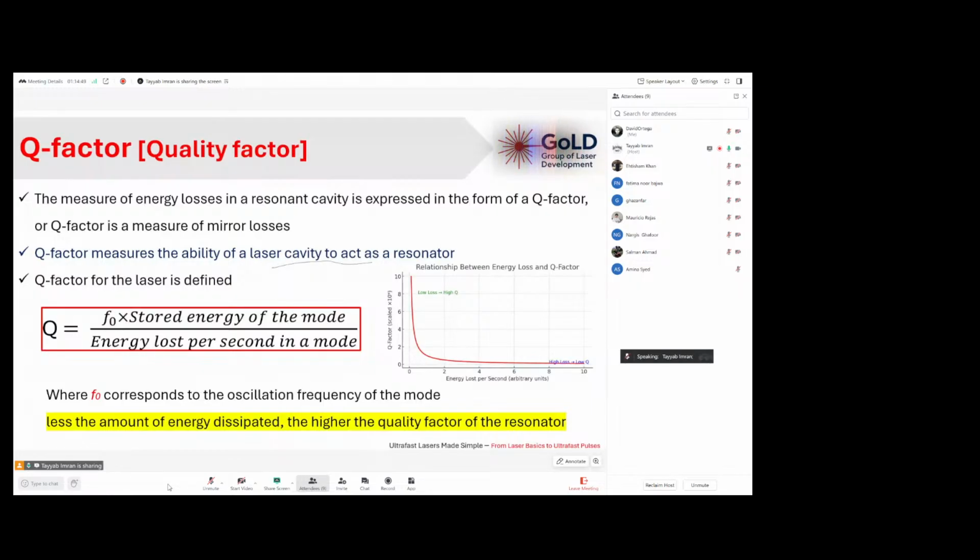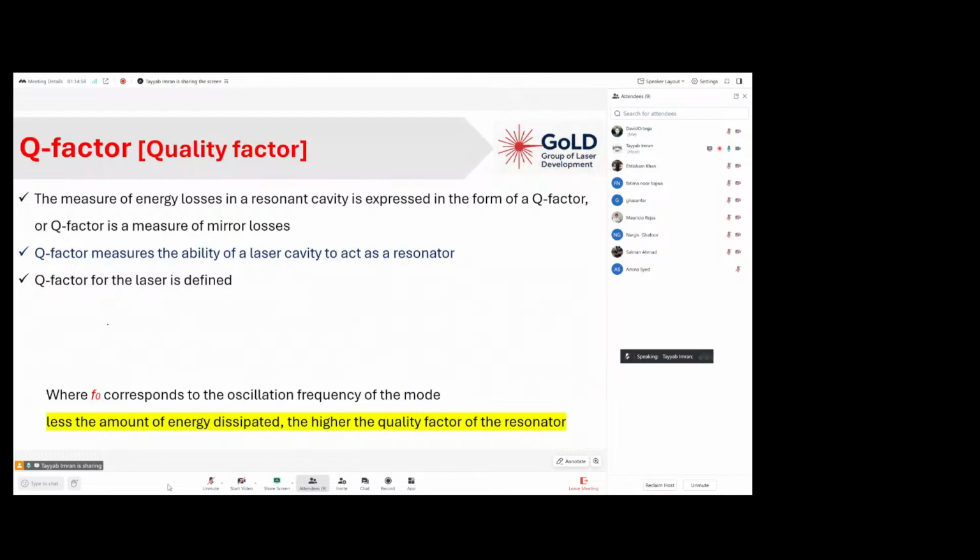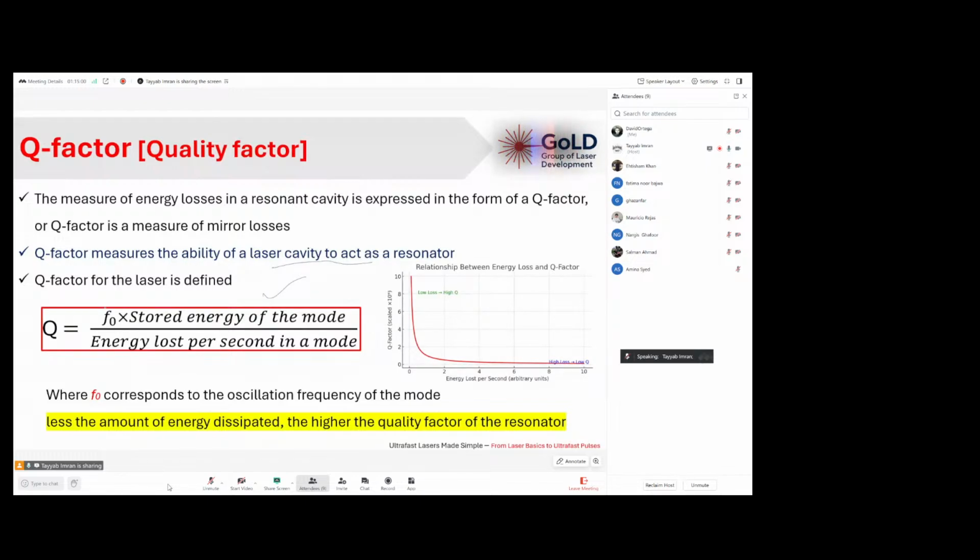The ability of a laser cavity to act as a resonator, and the basic formula for the Q factor is this: you can see the f naught, where f0 is the center frequency or the oscillation frequency, and the energy stored in the mode, and the energy lost per second in a mode.